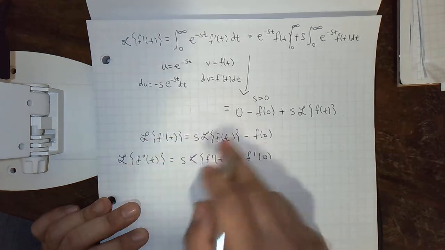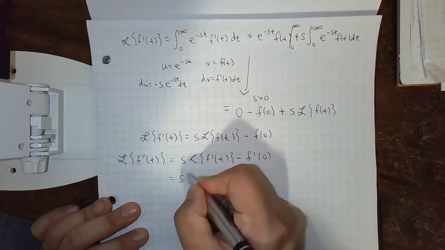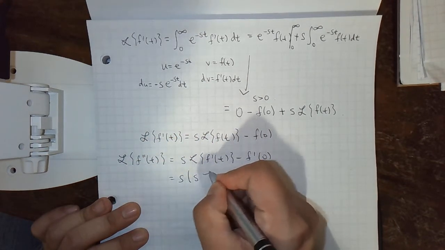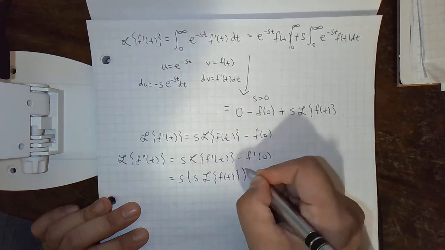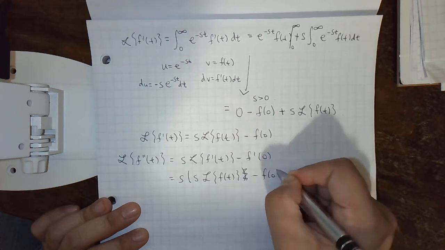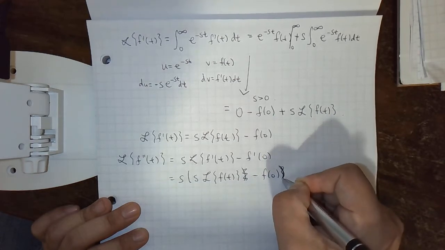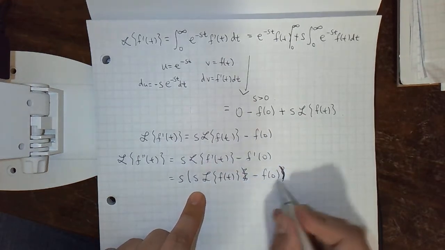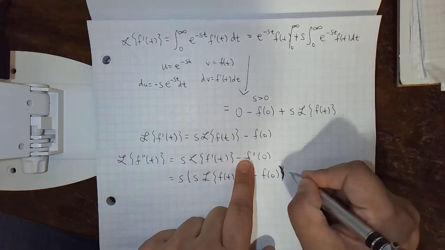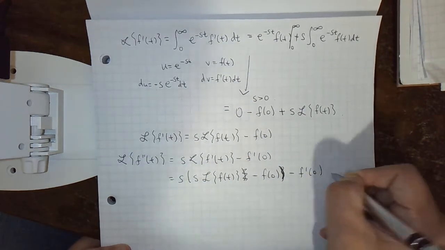For this, we can plug in what's written up there, s times Laplace transform of f of t minus f of 0, in brackets. Okay, so that is the Laplace transform of f prime of t, and then we still have this minus f prime of 0 out here.